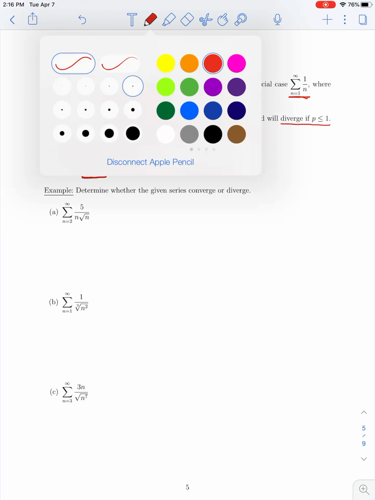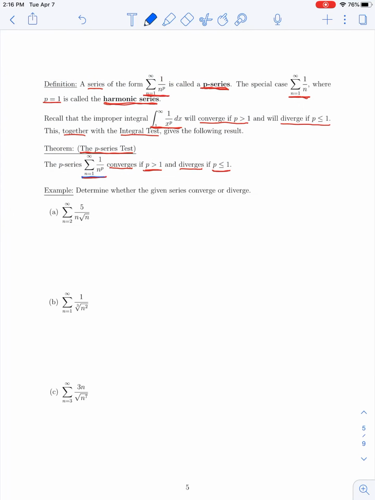We know that this p-series will converge if and only if the improper integral converges. And from our earlier work in chapter 3, we saw that this improper integral will converge only if p is greater than 1, and it diverges if p is less than or equal to 1. So we have the same result for convergence or divergence for the series itself.